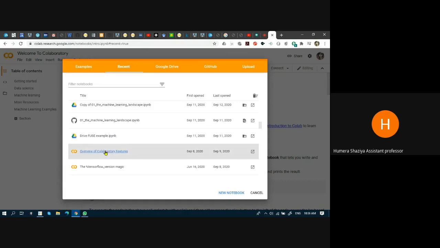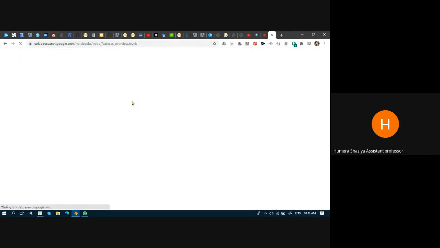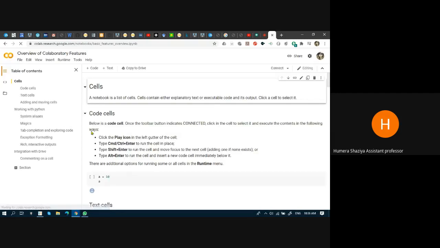Okay, let me first give you a brief overview about Google Collaboratory. This is a cloud-based Google service that allows you to execute Python programs on the cloud.